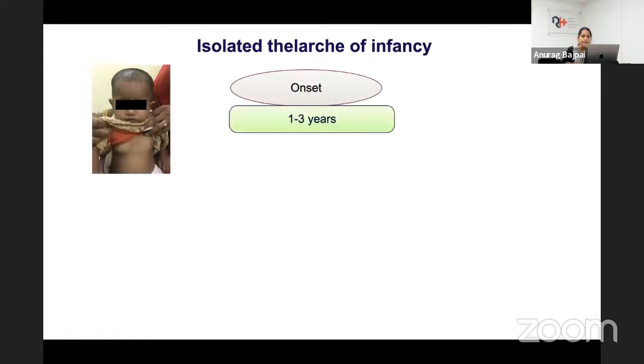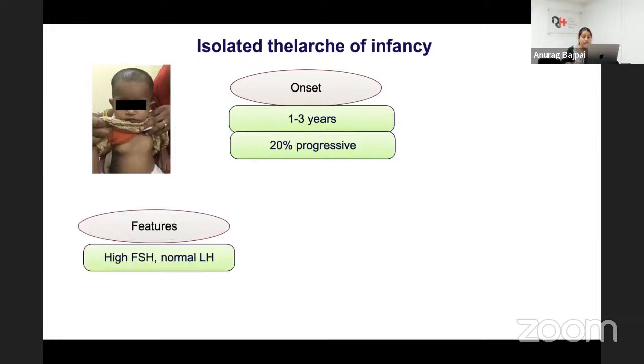Now, coming to the isolated thelarche of infancy. This usually presents between 1 to 3 years of age, and among them, 20% are progressive. The most important thing here is to look at the LH level, because in this case, LH is normal, and the FSH is usually high at the age of 1 to 3 years.